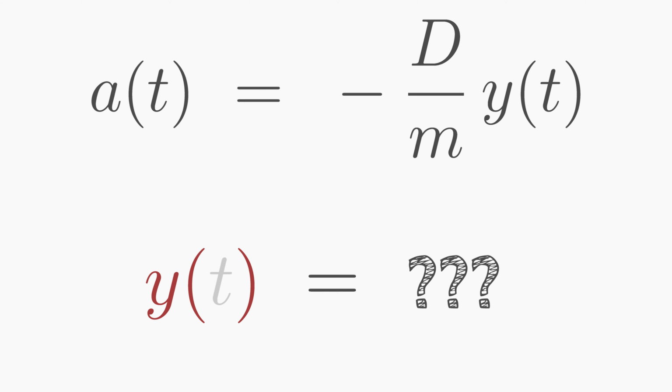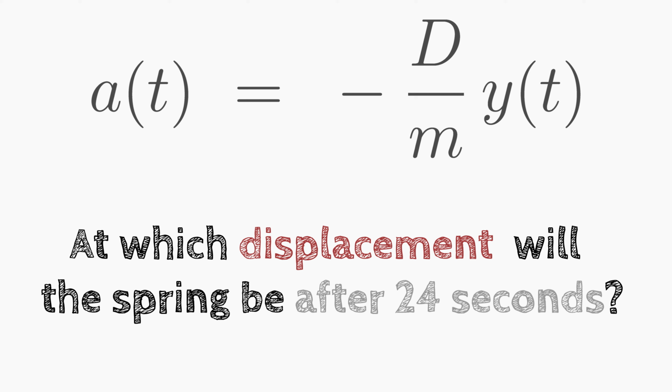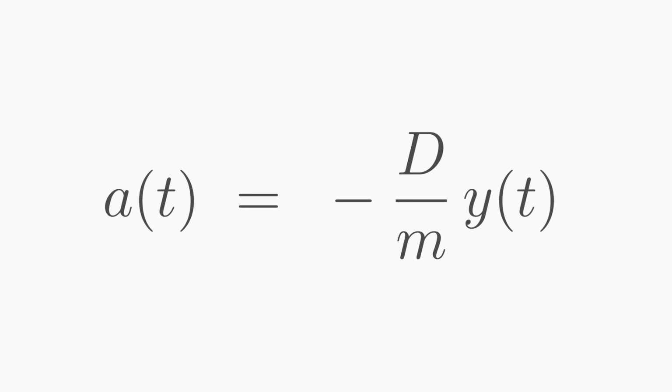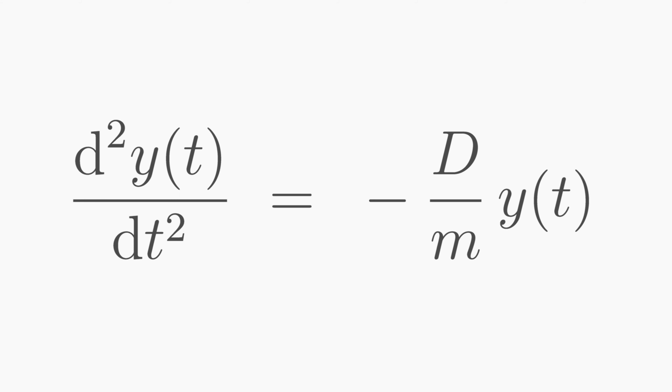And exactly when dealing with such future questions, differential equations come into play. We can easily show that the acceleration a is the second time derivative of the distance traveled, so in our case it is the second derivative of y with respect to time t. Now we have set up a differential equation for the displacement y.